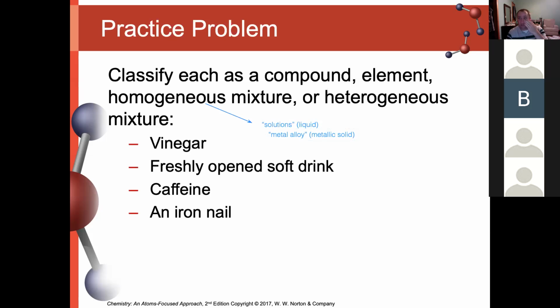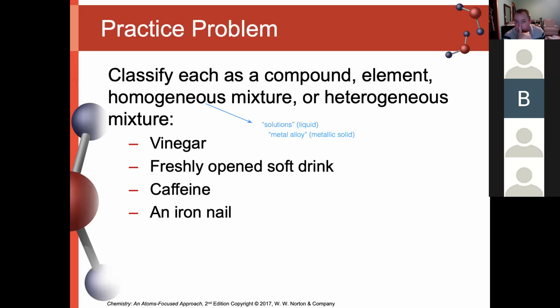So when you hear things like stainless steel, brass, galvanized metals, sterling silver, 14 karat gold, these are all metal alloys. These are mixtures of metals that have been melted together to serve some kind of function and purpose.